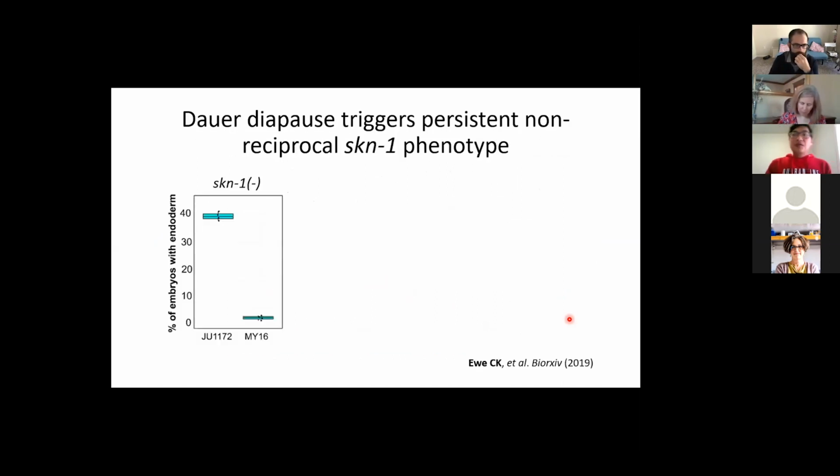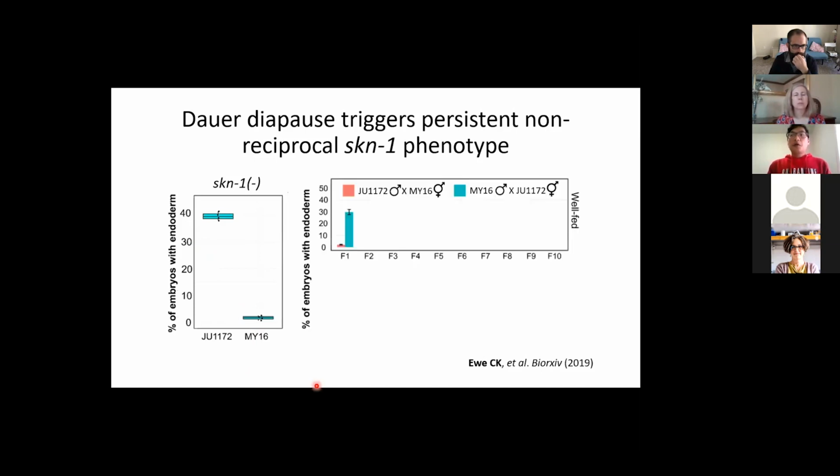To study how the SKN-1 phenotype is inherited, we selected two strains with very different SKN-1 phenotypes, high strains that produce a lot of embryos with gut, and low strains that virtually never make gut when SKN-1 is removed, and performed reciprocal crosses with them. First, we observed a very strong maternal effect, such that the phenotype of the F1 followed that of the mother.